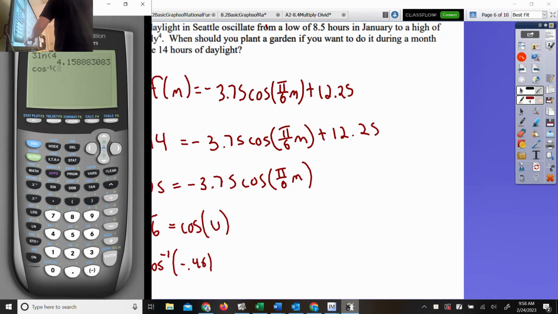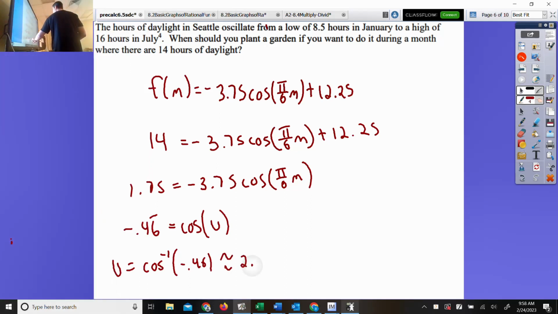But the cosine of u is negative 0.46. There you are in radians, about 2.05 rads. Now we have to set that equal to pi over 6 times n, right? We don't need it to be a degree.